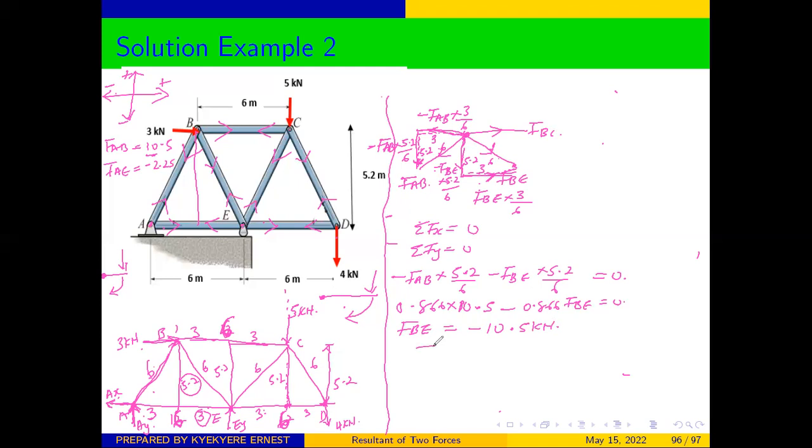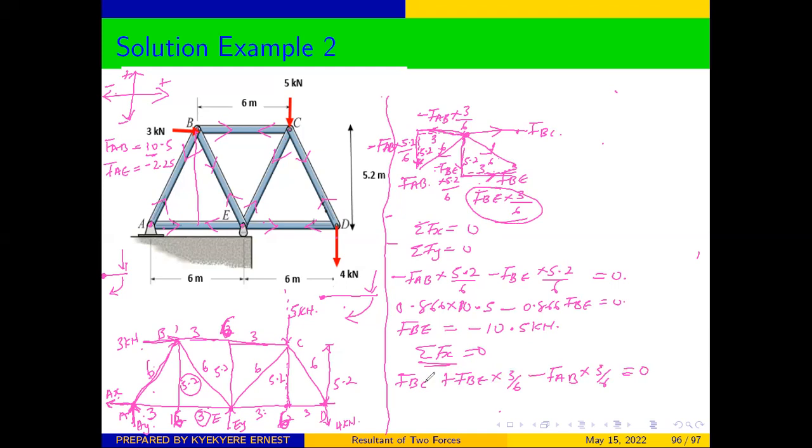Once you have been able to do that, we can also write our x equations, which will be equal to 0. We have FBC going to the right, so it's positive. We have FBC plus the x component for FBE, which is positive, that is FBE times 3 over 6. And then we also have the x component for FAB, which is negative FAB times 3 over 6, equal to 0.